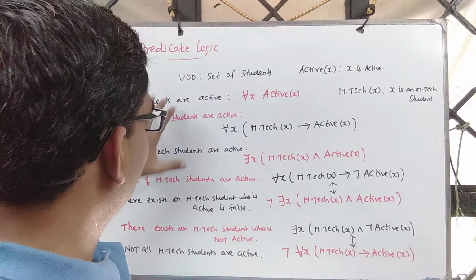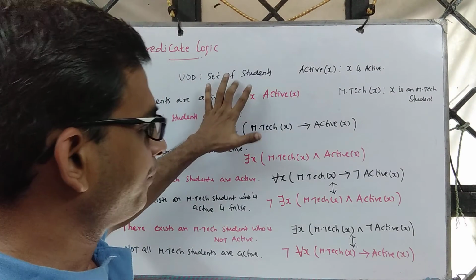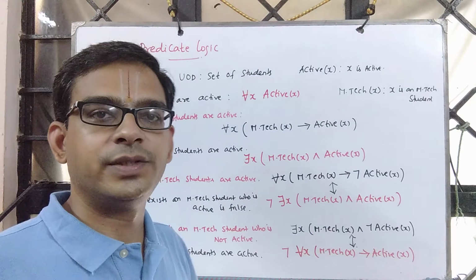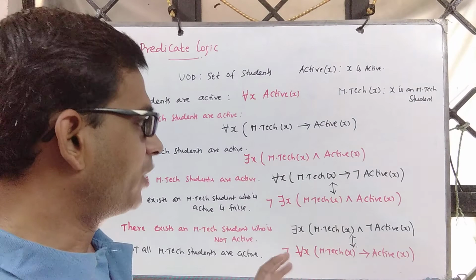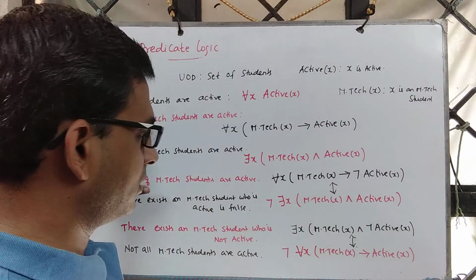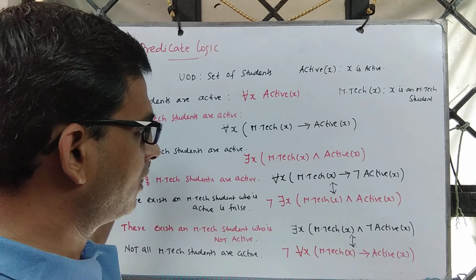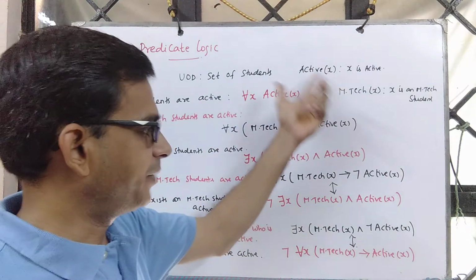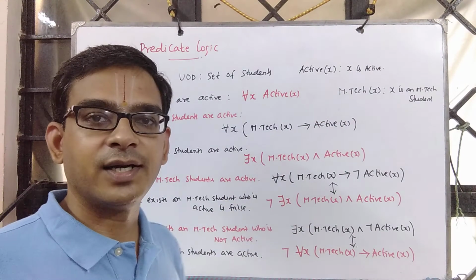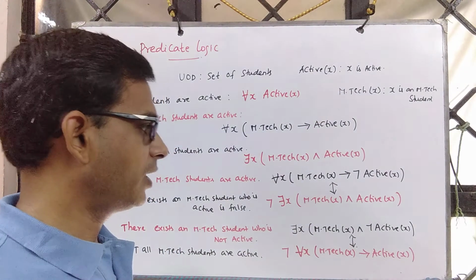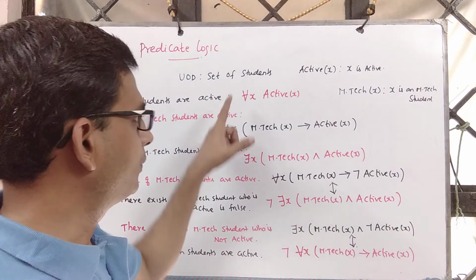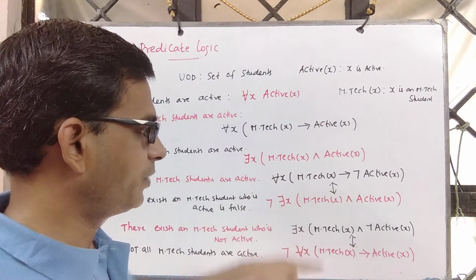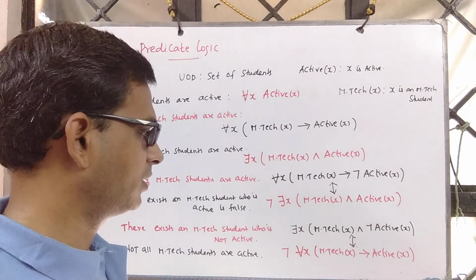So we see that by changing the UOD and with the appropriate predicate, the expression also changes. That's very important. Given a context or a logical argument, one has to fix the UOD first and the appropriate predicate, then start writing the underlying abstraction or mathematical notation.